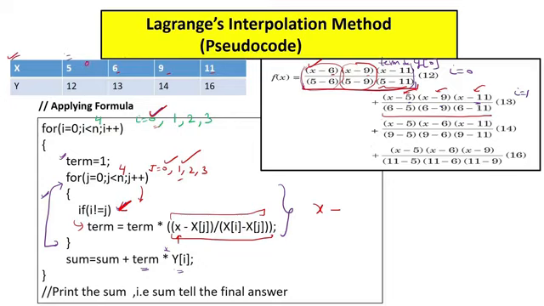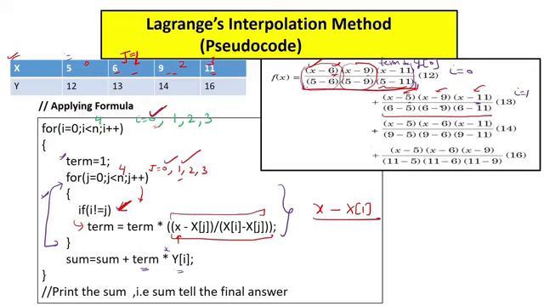This is at position 0, 1, 2 and 3, so this is your x1, x2 and x3. We have to use this 6, which is at the 1st position. That means currently j is at position number 1, and the same thing we have to use as the 6 value. So you are saying x minus x of j, that is x of 1, which is actually this 6.